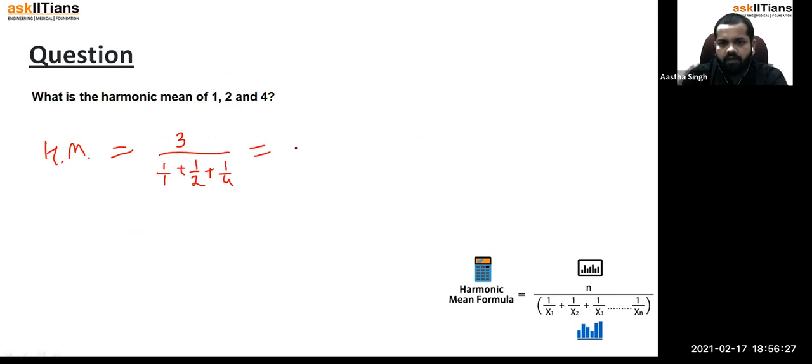Then 3 upon, the LCM will be 4, so 4 plus 2 plus 1. Then 3 divided by 7 by 4. The 4 will go upward, then it will become 12 by 7, right?